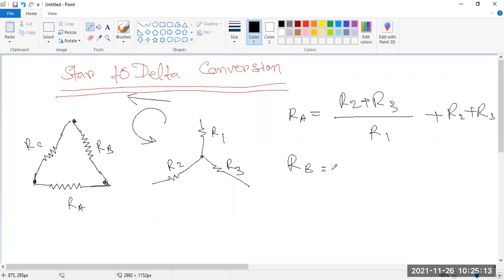RB equal to, just look, A is required. RA is resemble of R1, RB is resemble of R2, and RC is resemble of R3. Where A is given, just leave the resemble of A, so R1 is left out, and R1 is divided by the denominator and the other resistances.